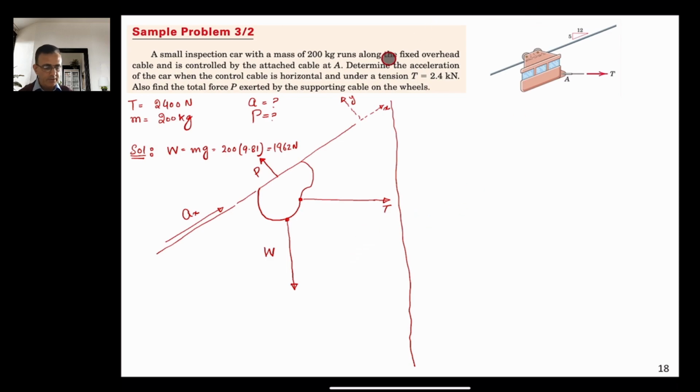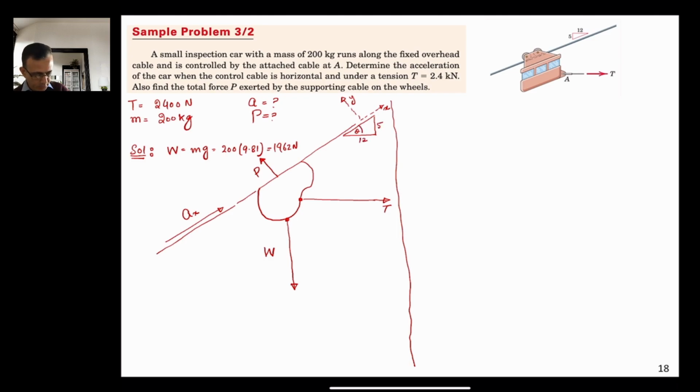Now, in addition to these forces and angles, you are also given this small triangle here, which is 5 by 12. From this triangle you can calculate the angle of this cable. If you draw this here, this is the slope of the cable, so this is 5 by 12.